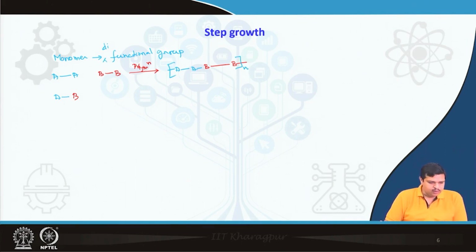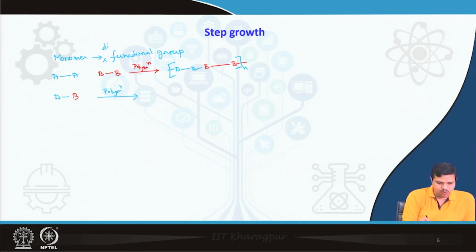Okay. So, AA BB. So, this is possible where you have bifunctional, but with different monomers. Now, a single monomer, but with two different functional groups at the two ends. So, in this case, what kind of polymer will you get if you do the step growth polymerization?